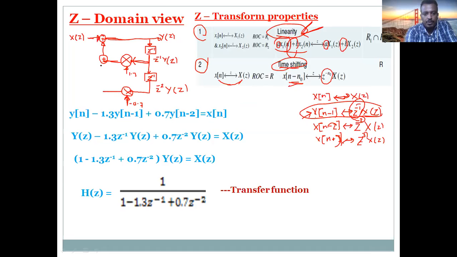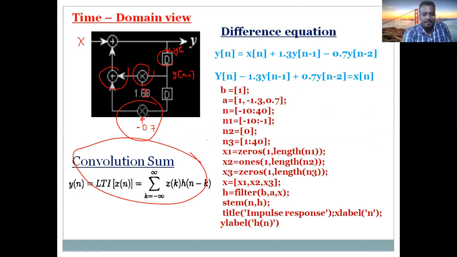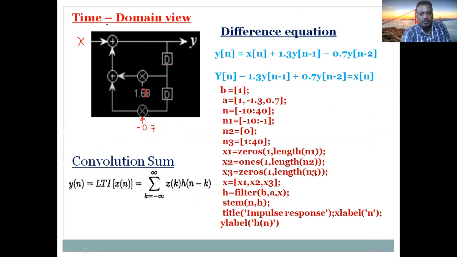This signal goes and adds together with input. Now everything, look here, in this case is the time domain view: signals as a function of time, input and output signals. Now we transform this discrete time system from this time domain to Z domain.